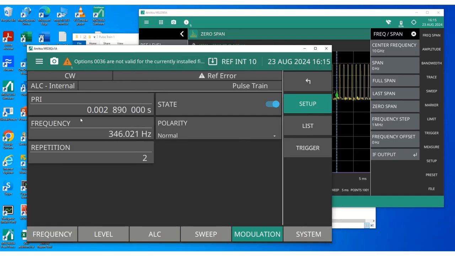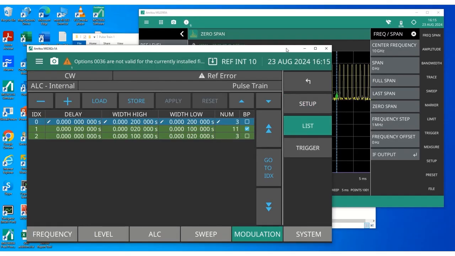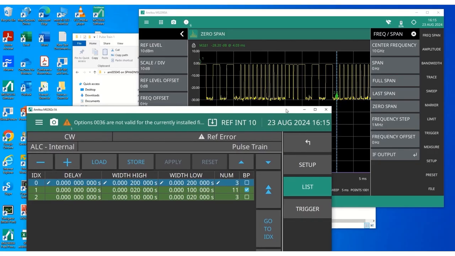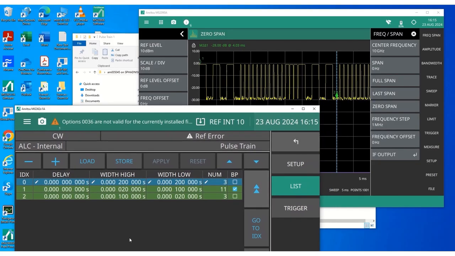And we can go back and look at what pulse bursts we had defined, and then see if we can correlate. So you have the first pulse burst, which is 50% duty cycle, 200 microseconds on and off period, to be repeated 3 times, and that's our first pulse burst.